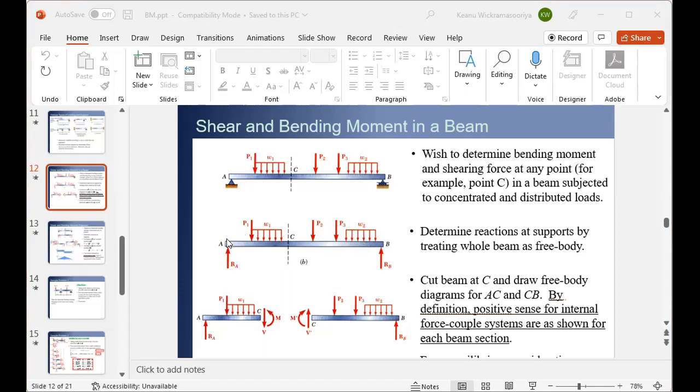If it is anything else, like a triangle, you can still compute the area. If it is a quadratic or cubic relation, you may need to integrate. But whatever it is, the total force or the resultant magnitude is the area under the curve. That's fine. Then where it acts, the point of action of the resultant.